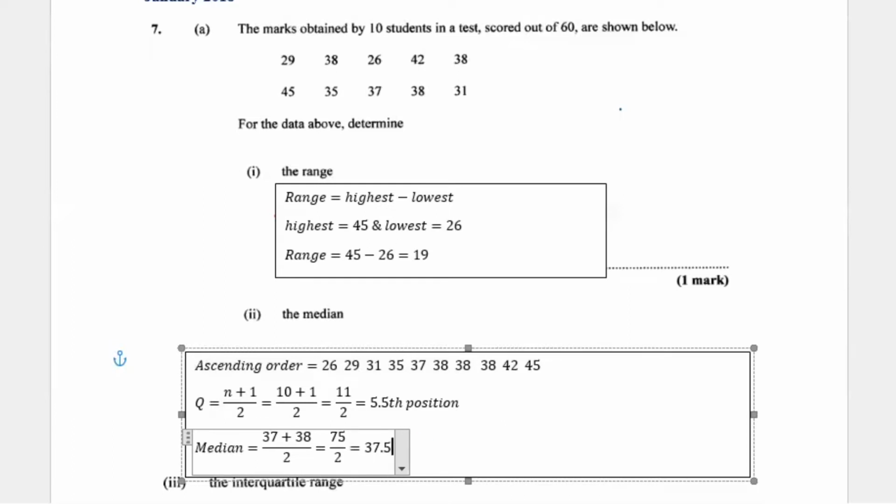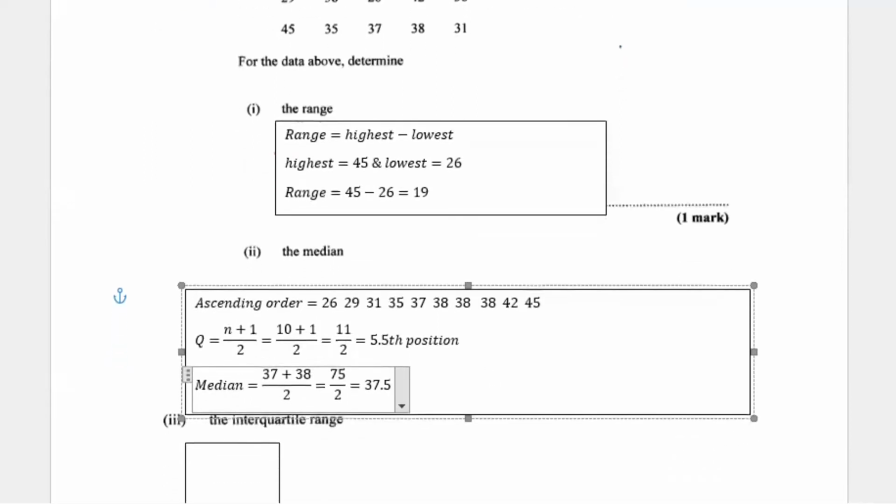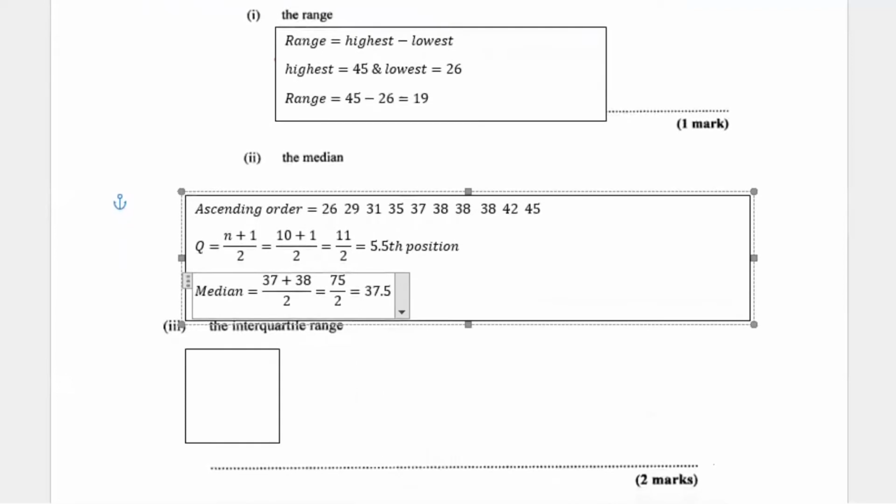So our median score is 37.5. So that is it. So usually we use a formula to determine the median position. Once it is a decimal, what this is indicating to us is that there are two numbers in the middle and we need to find the average of them.